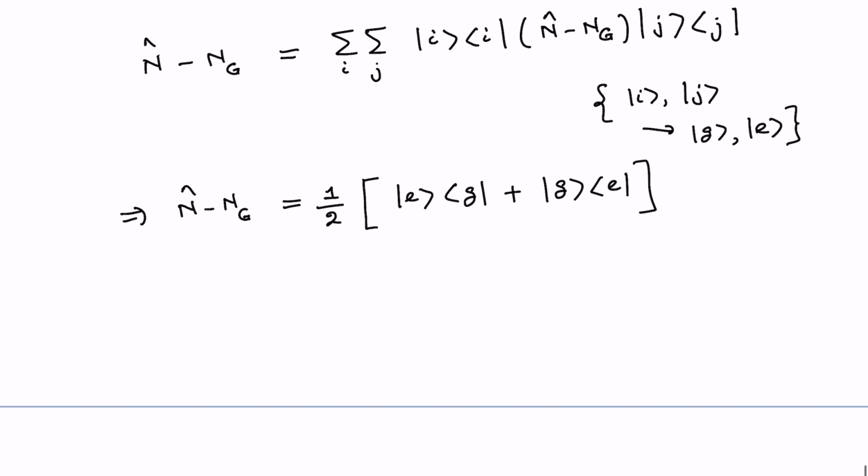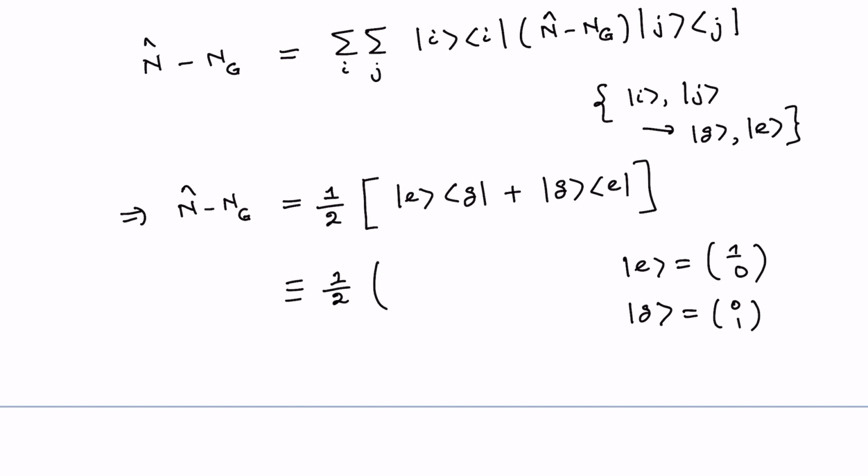And if I take |e> as (1,0) and |g> as (0,1), then I can express this number operator n minus ng around ng equal to half by this matrix.